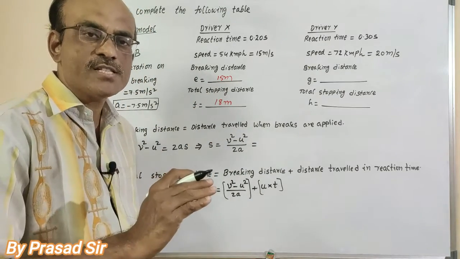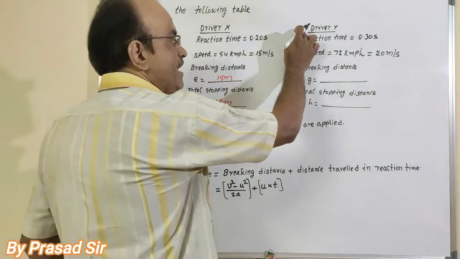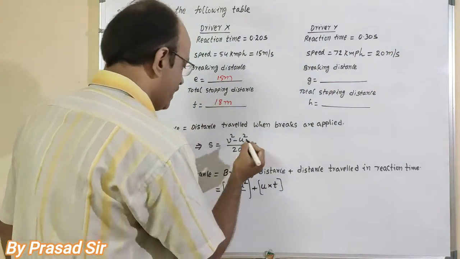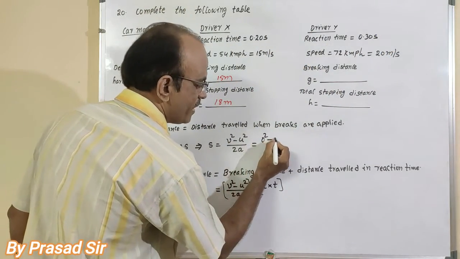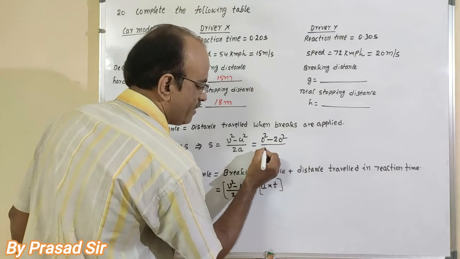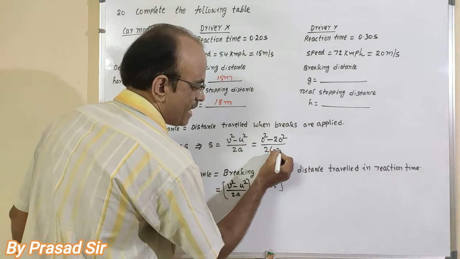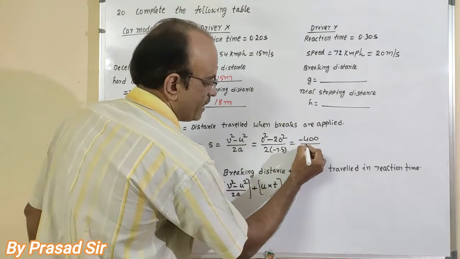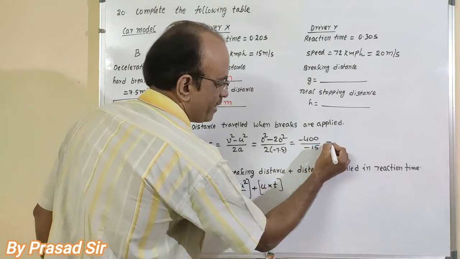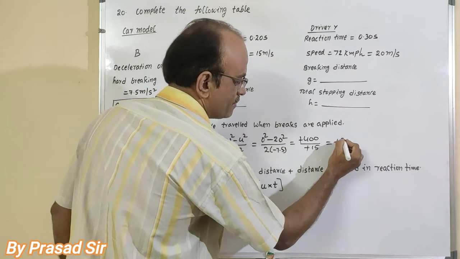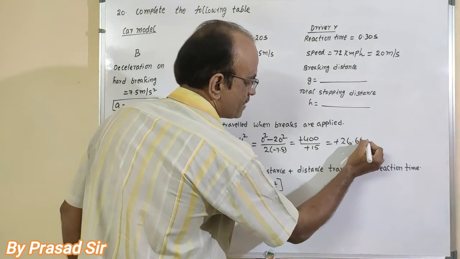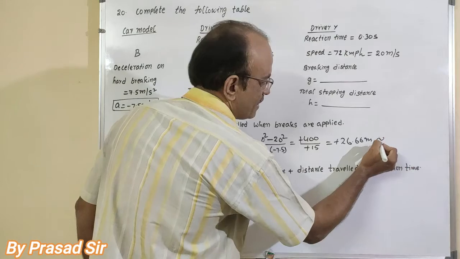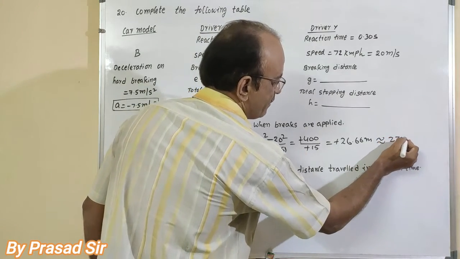Now we are going to discuss driver Y. For driver Y, 0 square minus 20 square, divided by 2 into minus 7.5, is equal to minus 400 divided by minus 15, minus minus plus, 26.66 meters, that is nearly 27 meters.